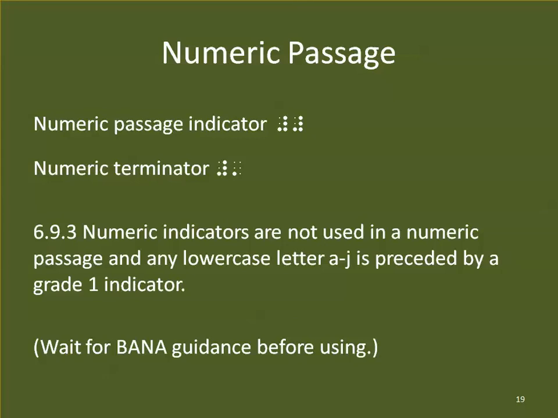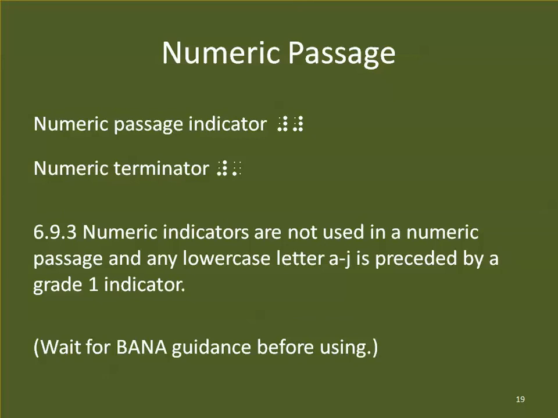Now, UEB has a math component to it, and it's in a different volume, but it's still very much the UEB code. They just pulled it out and made it into a separate volume, so that those who don't need to work with technical material, like math and science, wouldn't have to bother with that in their code book.